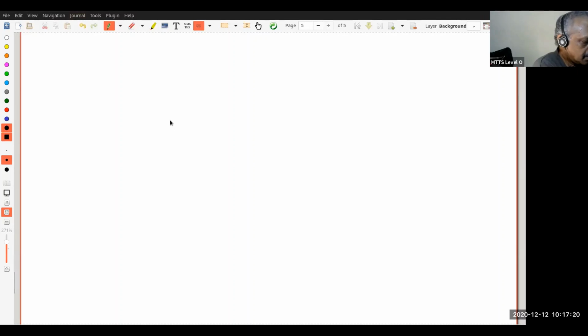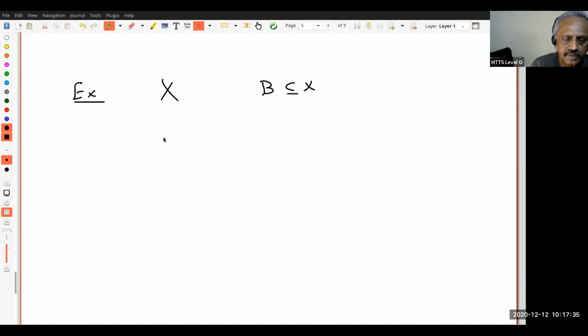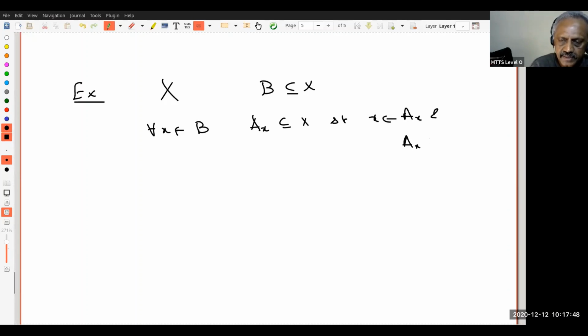Let's look at one or two more examples. An abstract example. Suppose X is a set, and B is a subset of X. Suppose for each x in B, I am given a subset A_x of X, so that x also belongs to A_x, and A_x is contained in B. You understand this?